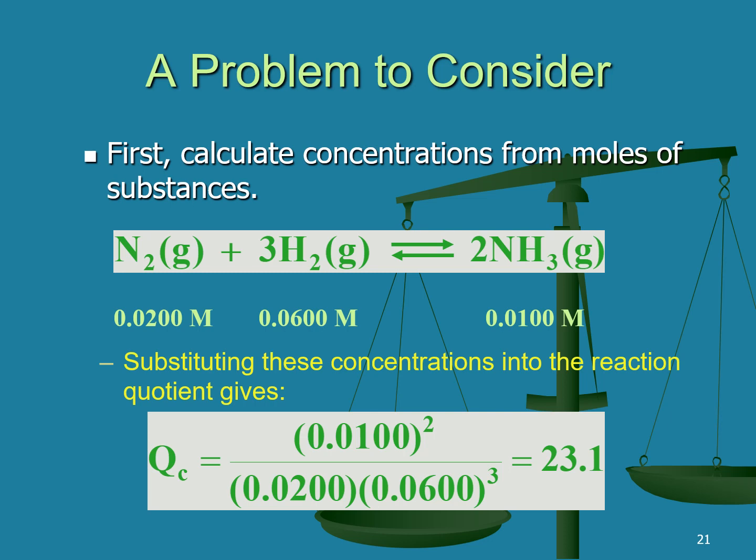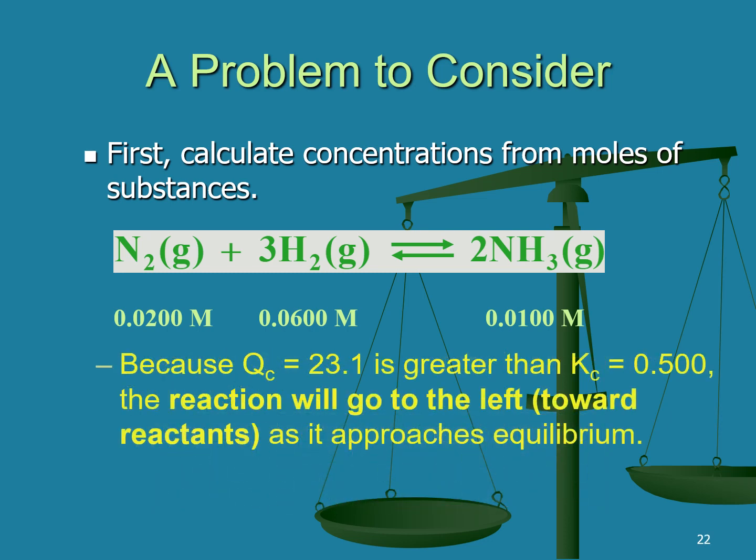So at this set of conditions, Q is 23. We know that K is 0.5. Obviously Q is greater than 0.5, so it's not at equilibrium. Because Q is greater than K, the reaction has to go toward the left. To make Q smaller, we need to make more reactants, so it's going to go to the left as it approaches equilibrium.